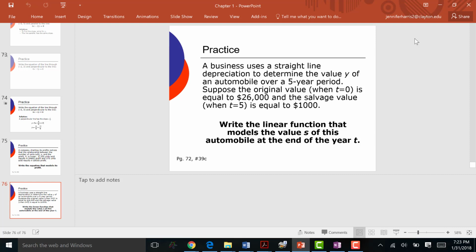Alrighty, so 26,000 minus 1,000 over 0 minus 5. So 26,000 minus 1,000 is 25,000, right? Divided by negative 5. What's 25,000 divided by negative 5? Negative 5,000.